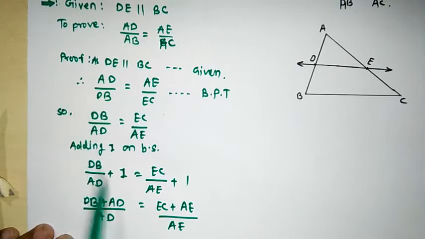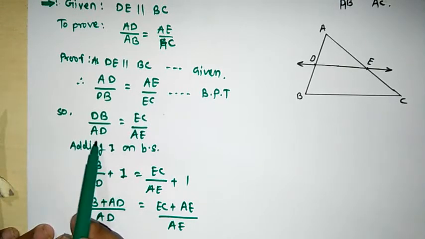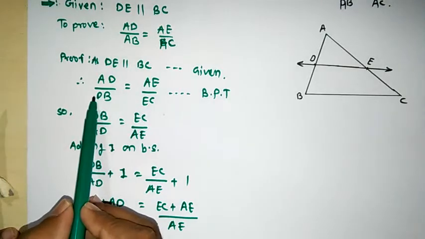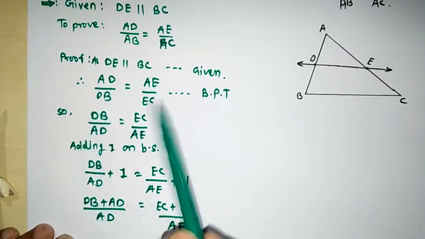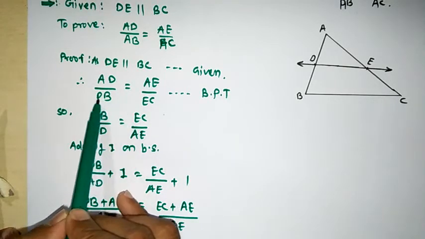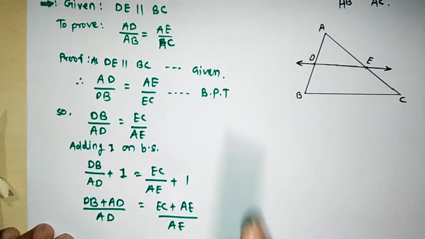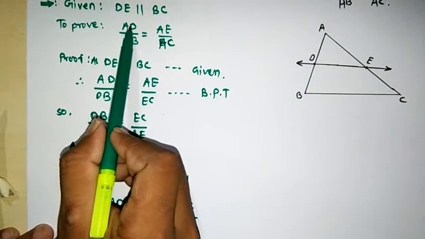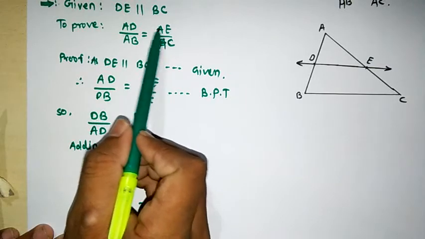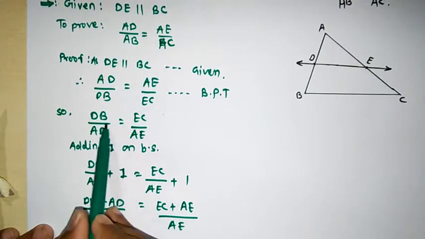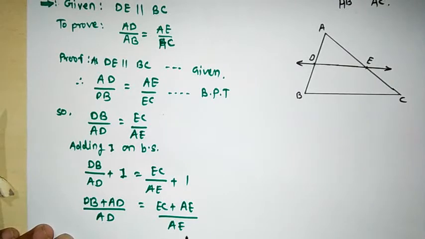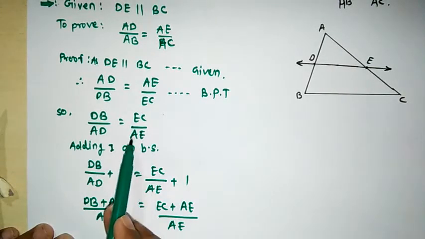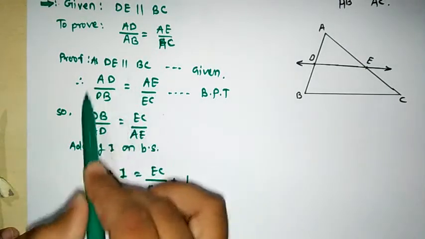Whatever may be in the denominator, that thing will remain after adding the 1. If I had added 1 earlier, instead of taking the reciprocal, then DB would remain in the denominator. But what we want in the proof is AD and AE; these two should remain. Therefore, for that purpose I did the reciprocal here.